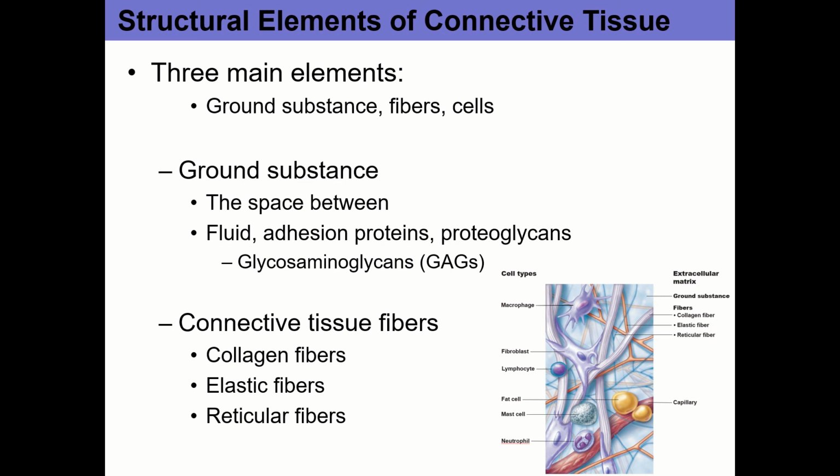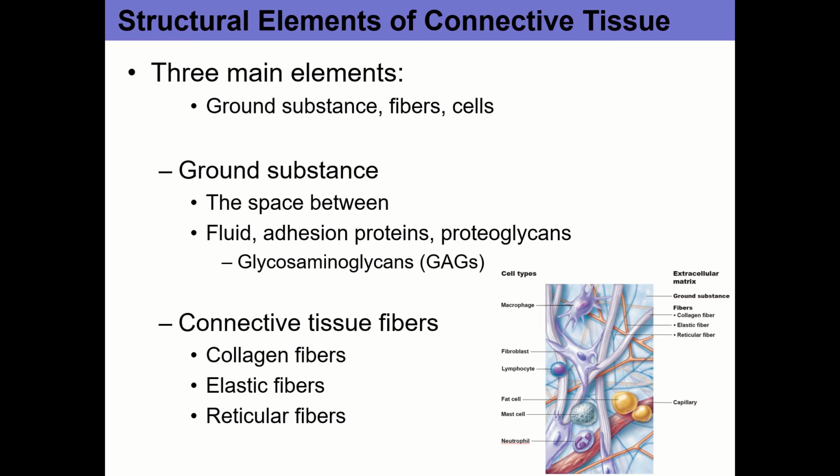Why I mention them is that they are charged, so they're going to attract water molecules. When I say charged, they're electrically charged, negatively specifically, and so they are going to attract a lot of water molecules.